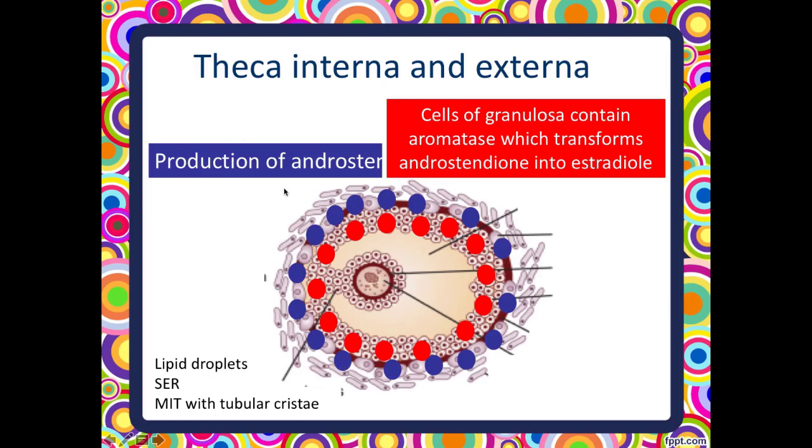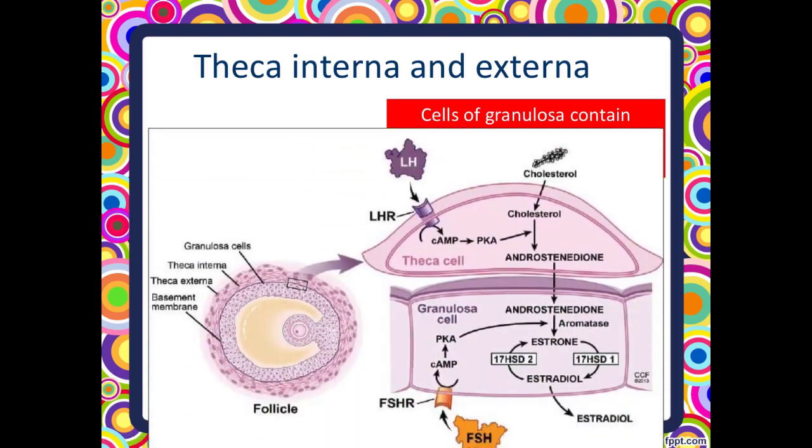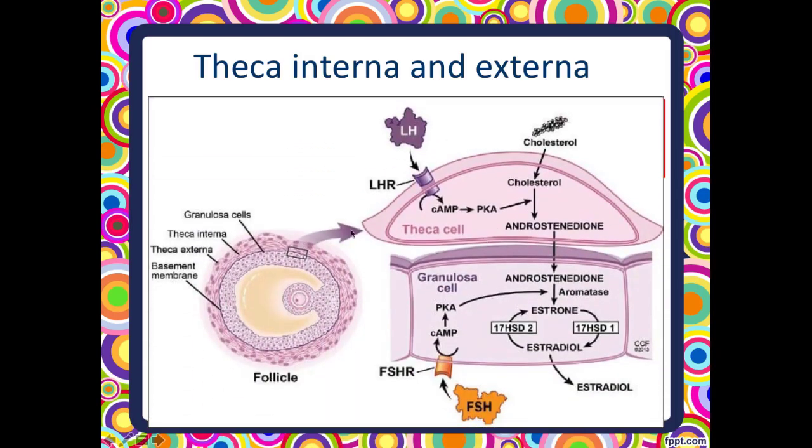As I mentioned, they have the characteristics of steroid-producing cells. So this is how it looks. This is the theca cell, the special fibroblast which can produce steroids in theca interna, and this is the granulosa cell within the layer of the follicle.